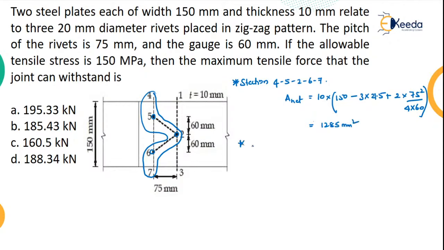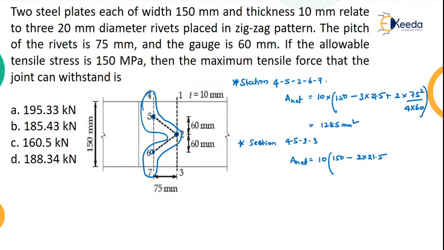Then moving on to the third section, 4, 5, 1, 3. What will be your net area? That will be 10 times the width minus 2 times the diameter, because in 4, 5, 1, 3 we are only taking 2 rivets.